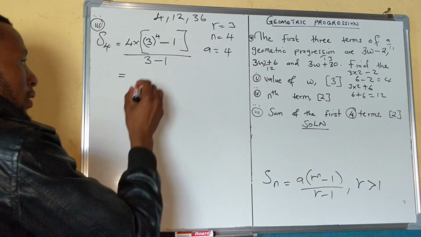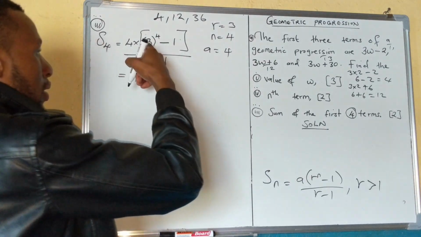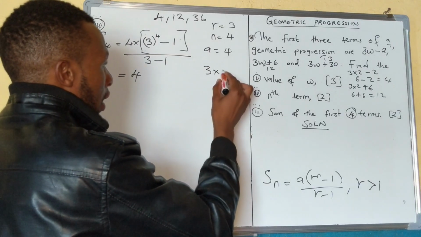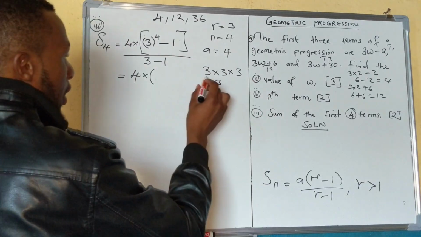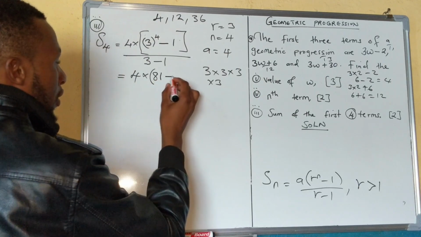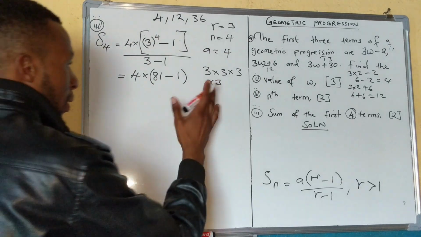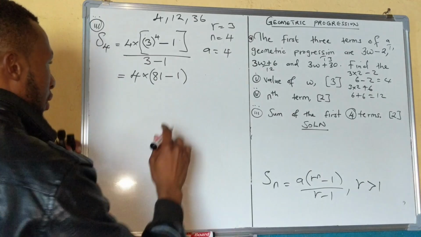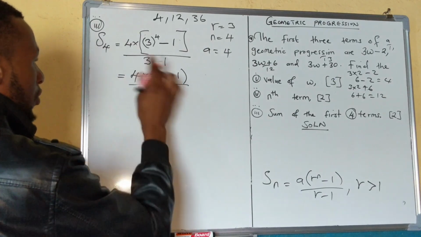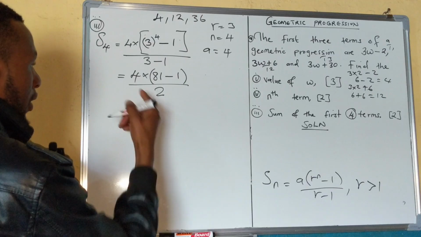Then in this case we expand. What is 3 to the power 4? That is 3 times 3 times 3 times 3, which will give us 81. And minus 1. It's paper 2, so you can use a calculator there, no problem. Then over 3 minus 1 will give us 2.